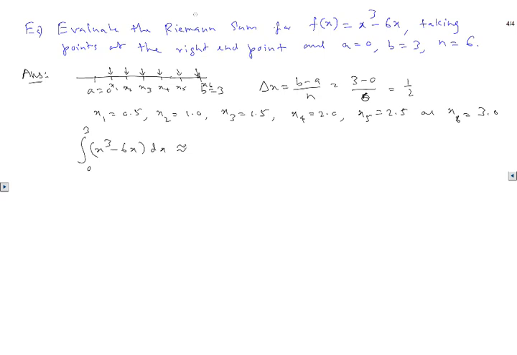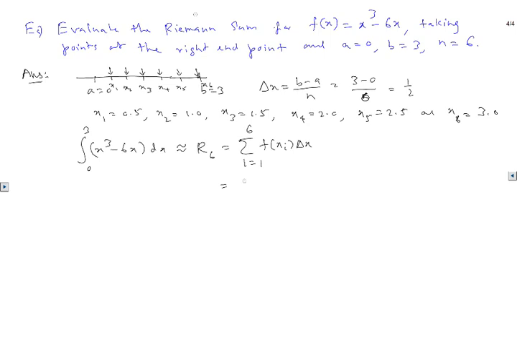So this is the Riemann sum with 6 points, called R6, which is simply the sum for i going from 1 to 6 of f(xi) delta x.